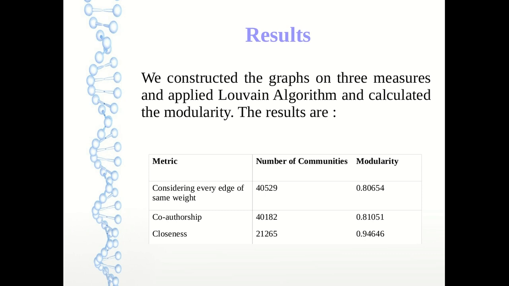For co-authorship, we found 40,182 communities with modularity 0.81051, and for closeness, 21,265 communities with 0.94646 modularity. This implies that closeness, or Jaccard similarity, is the best way to find communities in a DBLP dataset.